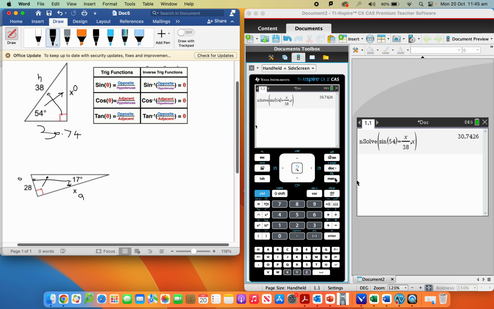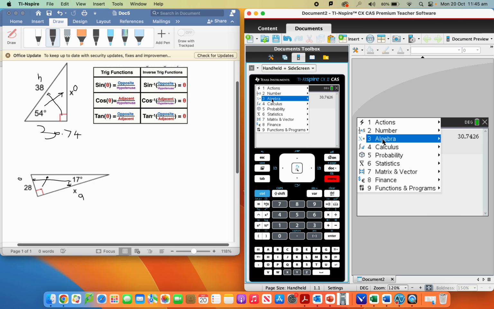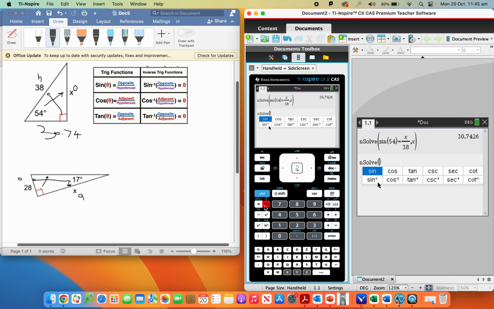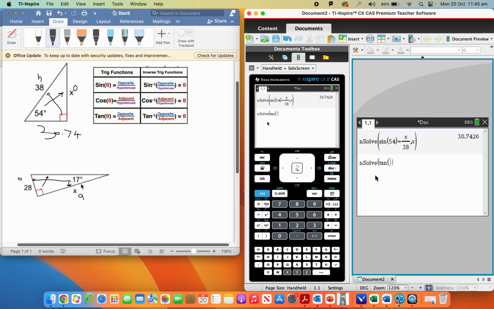Again, we're going to go to menu. We're going to choose algebra and numerical solve. You need to be careful here. Now we're going to go back to the trig function. We're going to choose tan and type in the value of the angle, again being very careful where your brackets are and so forth. We're going to say equals, and now the opposite side is 28, so we're going to write 28 divided by the letter x.